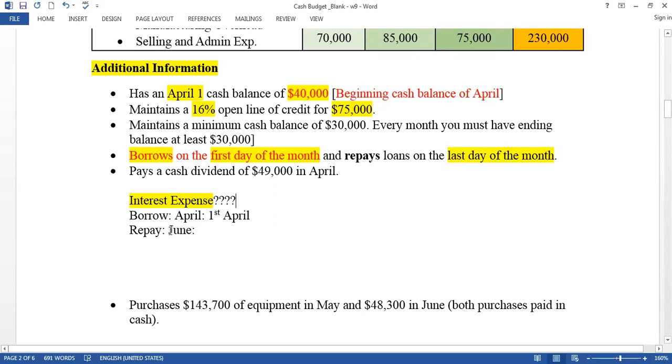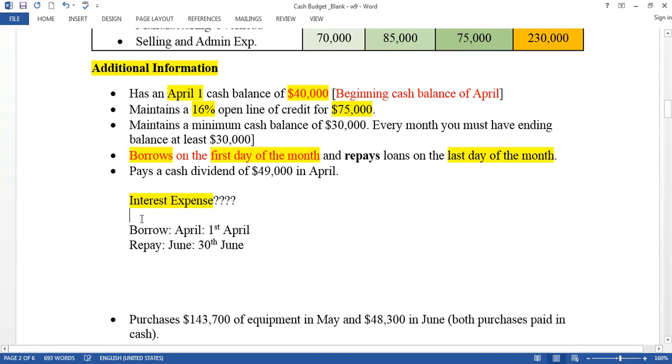For example, in the month of April, we are going to borrow this money. In the month of June, we are going to repay this money. And what should be the repayment date? Repayment date should be 30 June. Do you understand? And for example, you borrow $50,000.